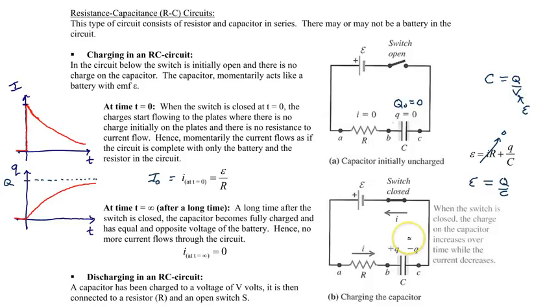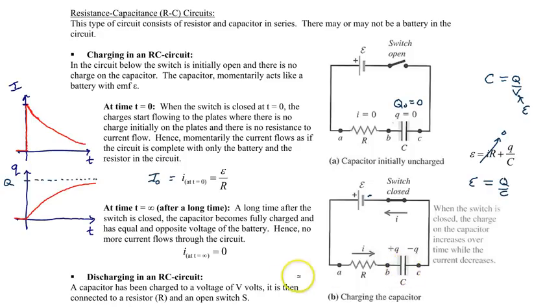You also notice that as these two plates become charged, this plate that is connected with the negative terminal will acquire a negative charge Q, and this plate over here that is connected to the positive terminal of that battery will have a positive charge Q.